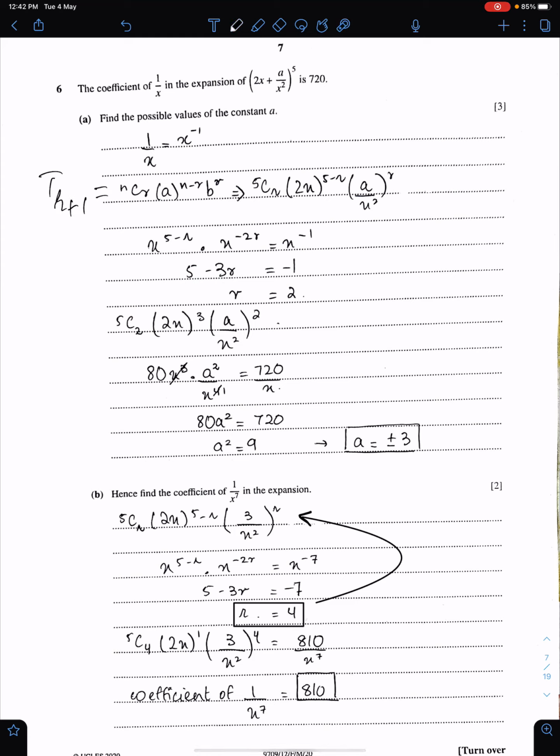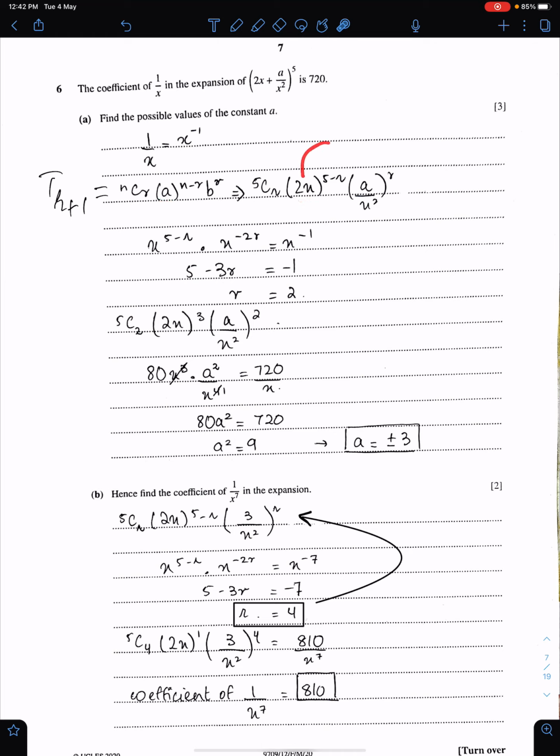This student used the T R plus 1 formula, which is fine. Number one, we need to substitute everything into this formula except R, because we are working for R. So n is 5, R is copied as it is, a is 2x and b is a upon x squared.